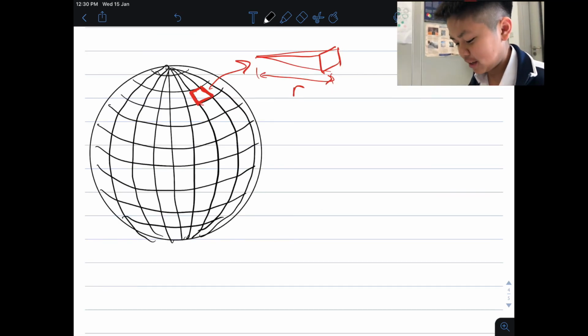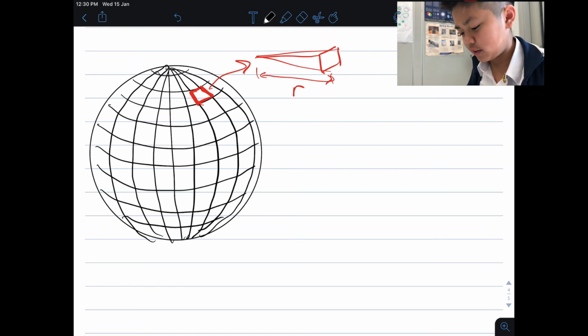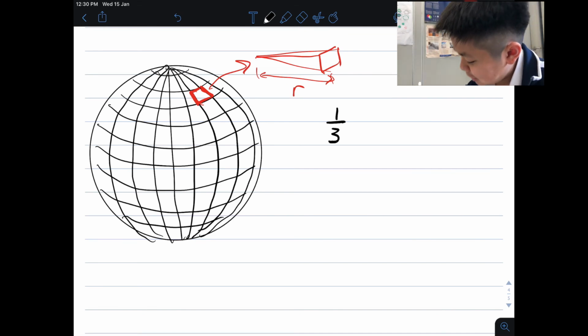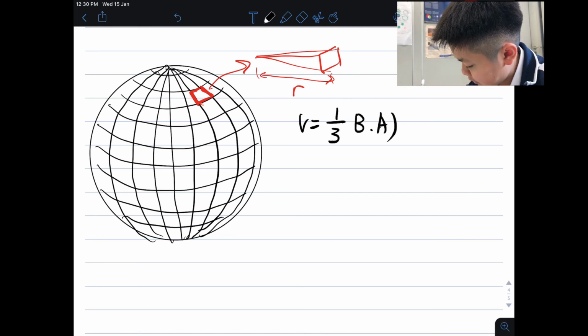Good morning, and today I'm going to talk about the surface area of the sphere. As you can see here, I drew a sphere and divided it into n pyramids. If I take one out, it's the red pyramid here, and the height of the pyramid is r. According to Brian's proof, the pyramid's formula is one third base area times height.